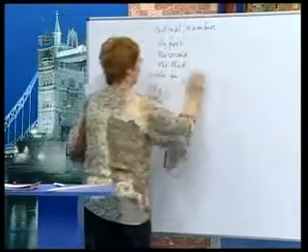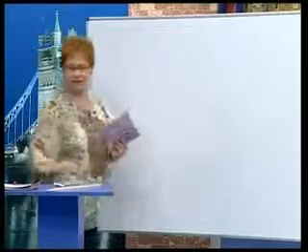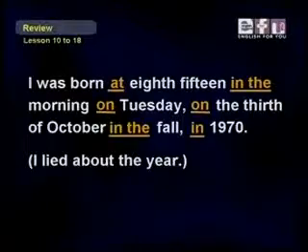Now, here we go. I'm going to use my red pen so that you can see all the prepositions as we go. Okay, so I was born at 8:15 in the morning on Tuesday on the 3rd of October in the fall in 1970.